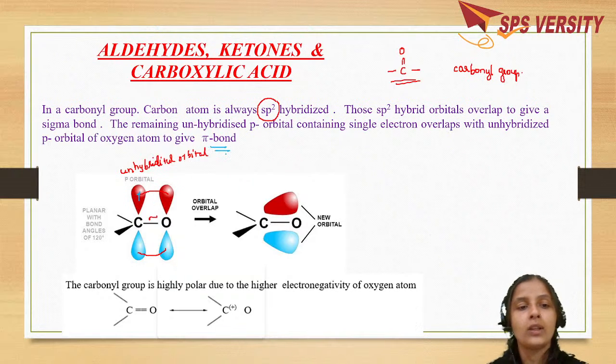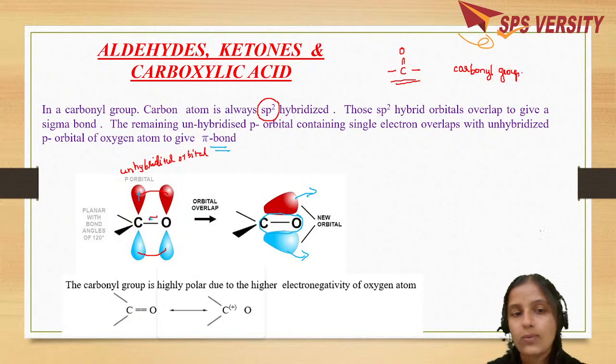If the sigma bond is axial head-on overlapping, this is a sideways overlapping, so this leads to the pi bond, and always in the reaction it is a pi bond which is going to be broken and not the sigma bond. And this is the new orbital, like after overlapping.